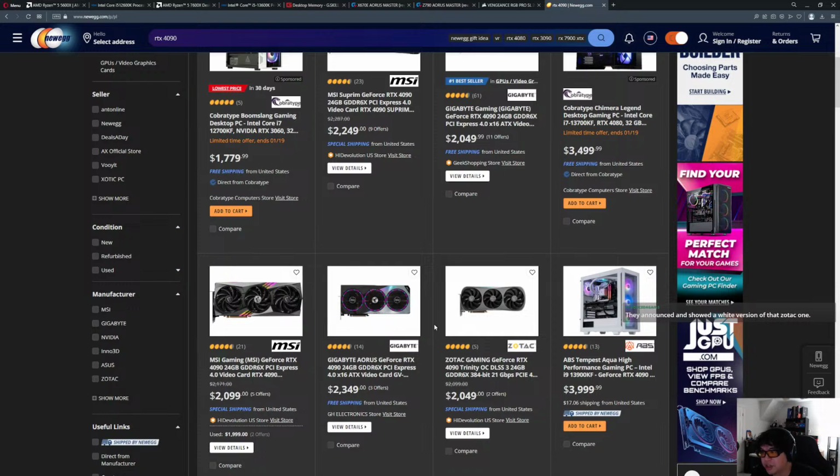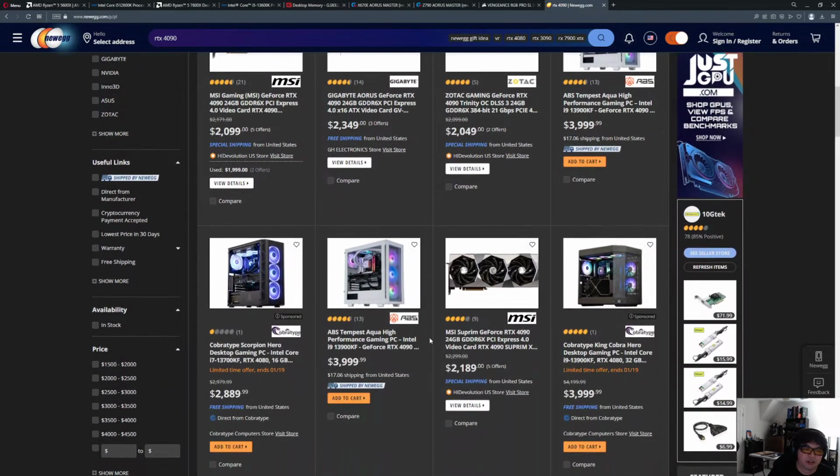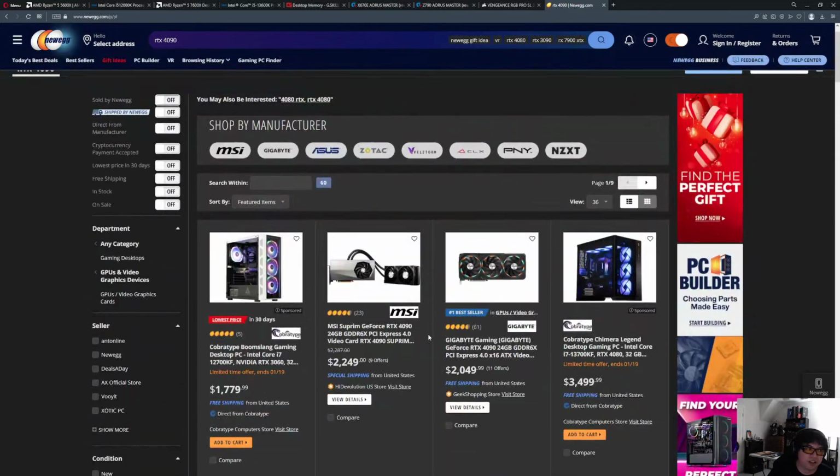They announced a white version of that Zotac. Oh, really? Oh, it was at CES? Yeah, I think I remember seeing a picture of it on Twitter or some news feed from CES. I'm pretty sure I saw a couple of them. It's just we're not seeing all the ones on Newegg because of the shortage of these.